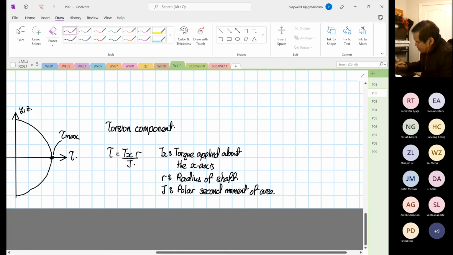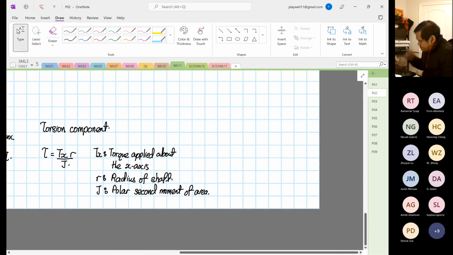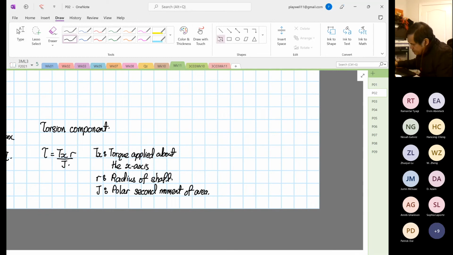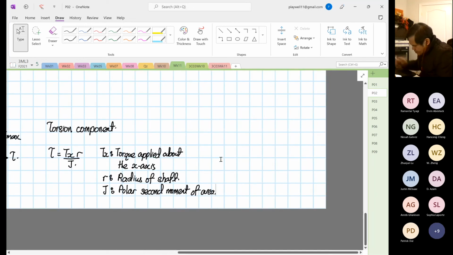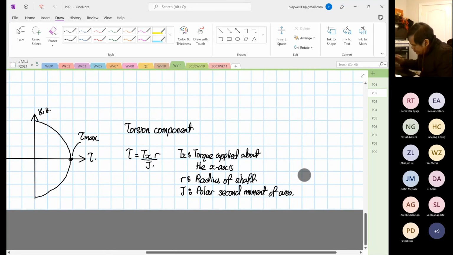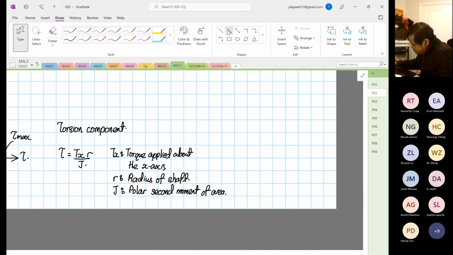Okay, so now I'm going to sketch this out. How does it look? So it looks like this now. So this is our shear.